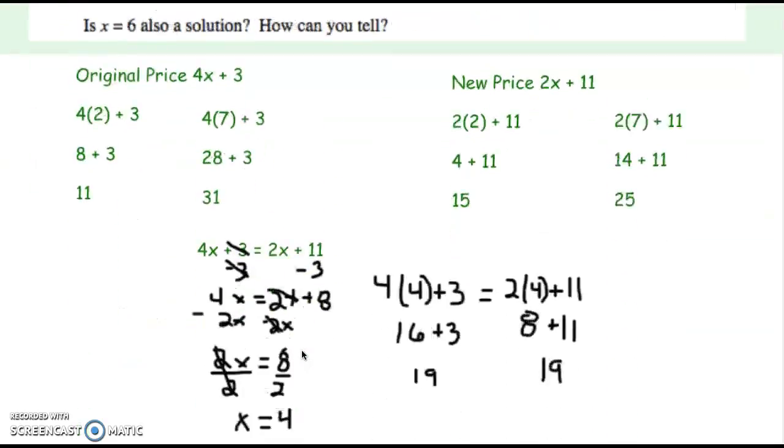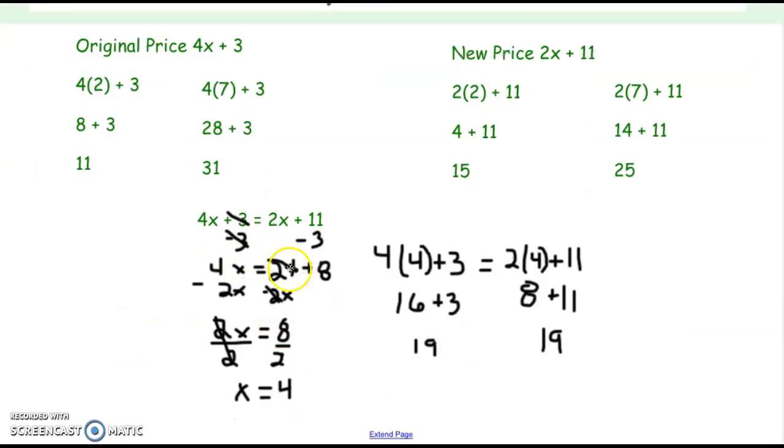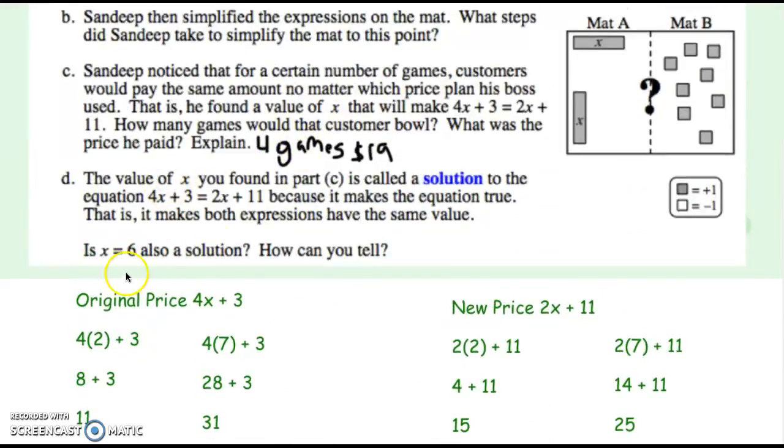However, I just did the work to show that x is equal to 4. If I have x equal to 6, that would not be a solution because then I would end up with different answers on each side. To prove that, let's put 6 in for x. I'm actually going to type this so it goes a little quicker.